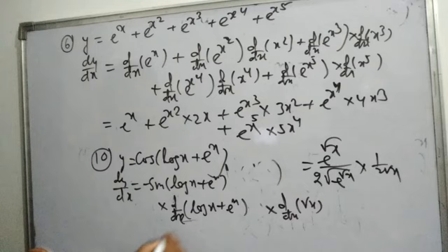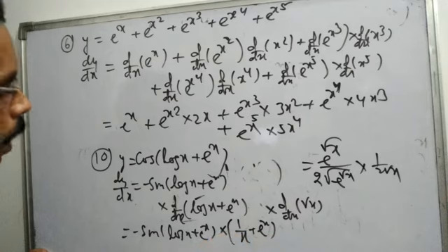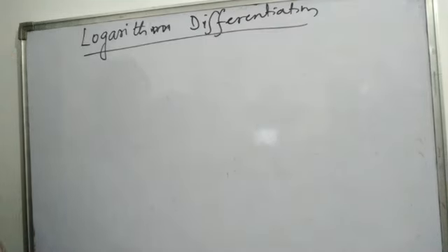The derivative of e to the power x is e to the power x. You can find this derivative very easily. That is, minus sin log x into 1 by x plus e to the power x.